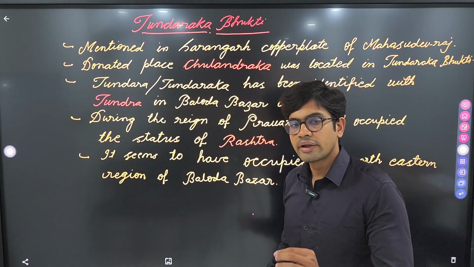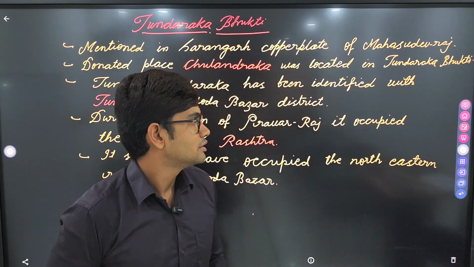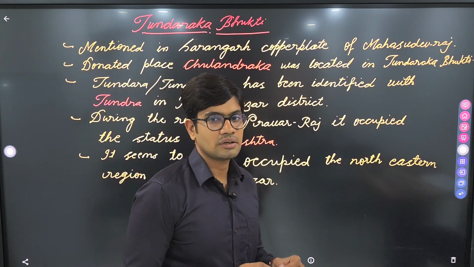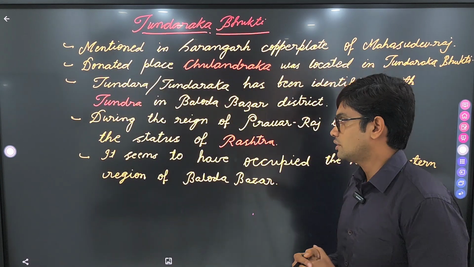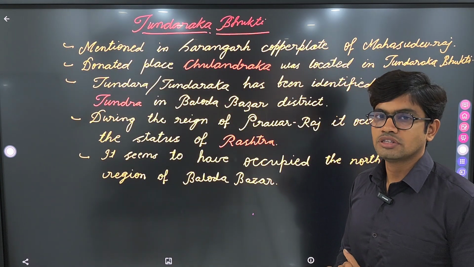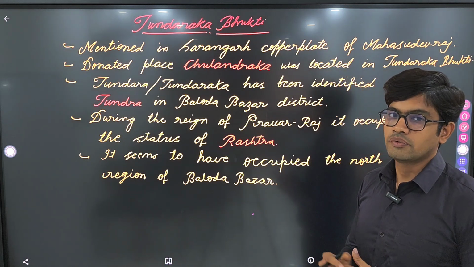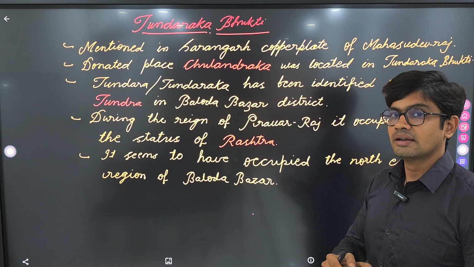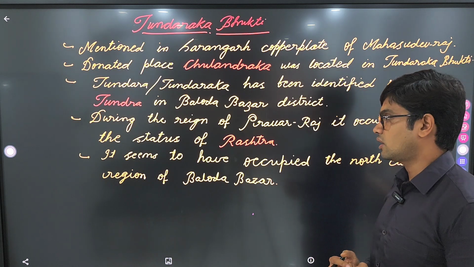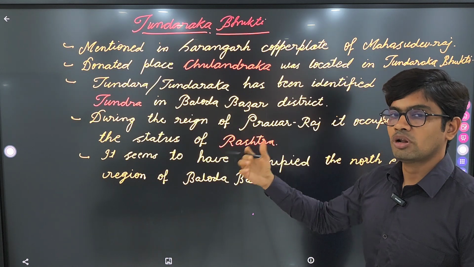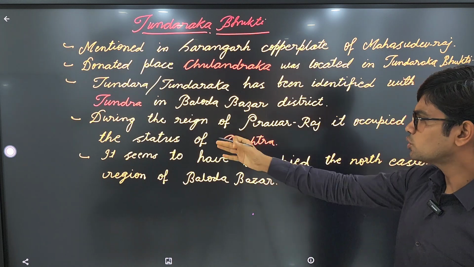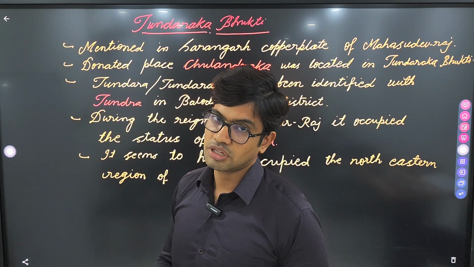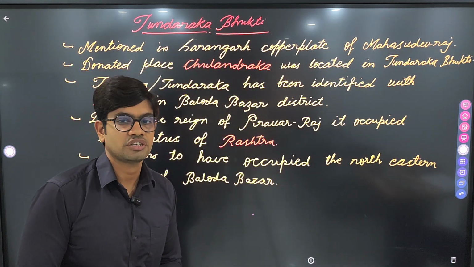This is a very interesting fact, because many administrative units have not been identified so far with real places, but Tundaraka Bhukti has been identified as it may have been located around Tundara in Balauda Bazar district. During the reign of Pravaraj, this Tundaraka Bhukti achieved the status of Rashtra.